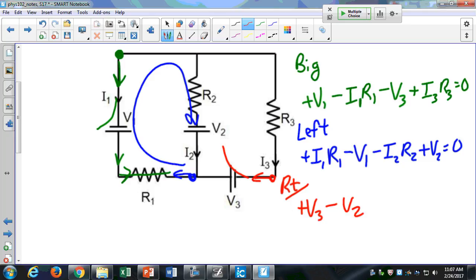Now think, what is going to be my next term? Plus I2 R2. You're going against the current through the R2, through which the current is I2, because I2 operates in this middle branch. So it's plus I2 R2.